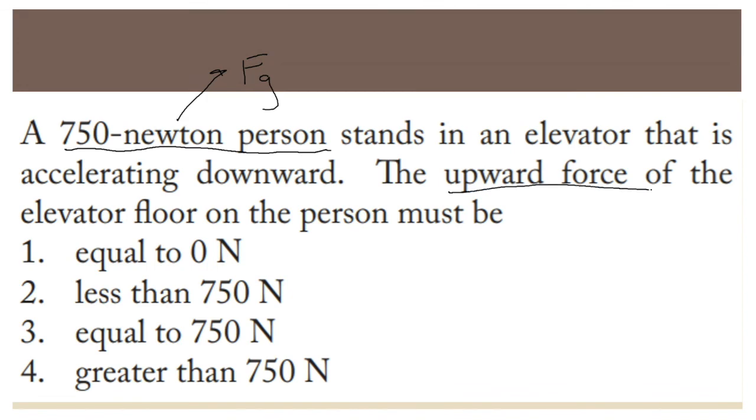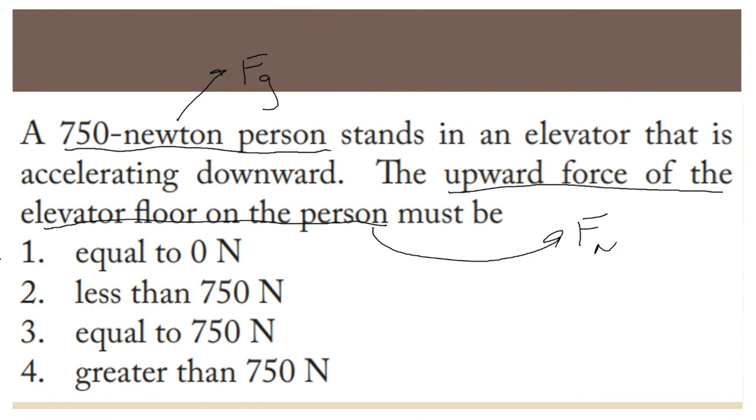What they're asking you for here is the upward force of the elevator floor on the person. Essentially, what they're asking about is the force the surface exerts on the person, and that is the normal force.